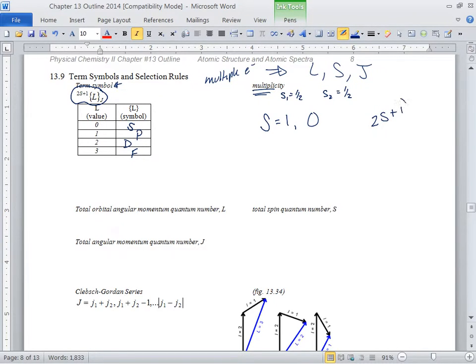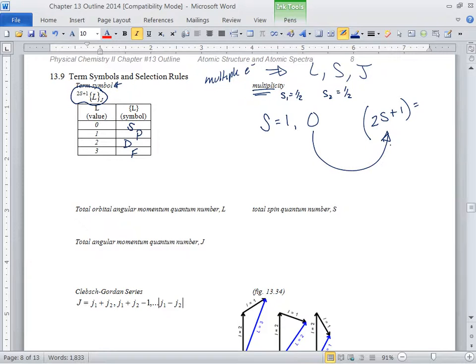So this idea of multiplicity, remember that talk of singlet, doublet, triplet? You put your total spin quantum number S in. With S equal to 0, you would get a multiplicity of 1. So what would we call that, Alyssa? If your multiplicity is 1, you're supposed to call it a singlet.